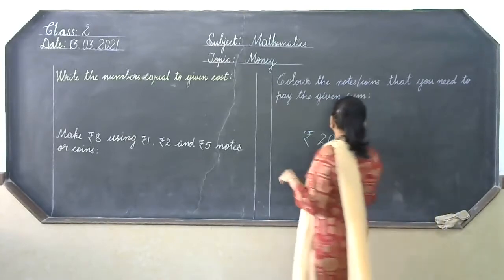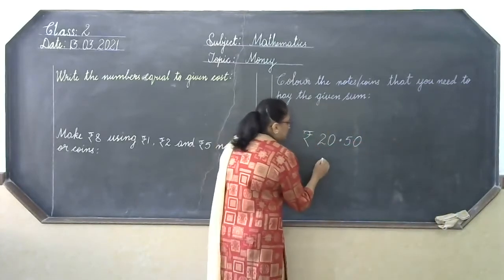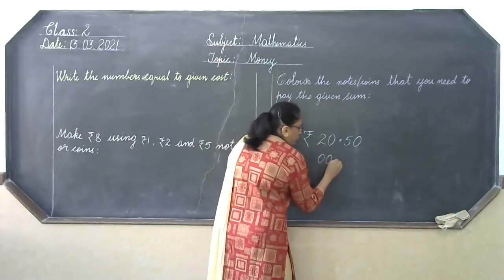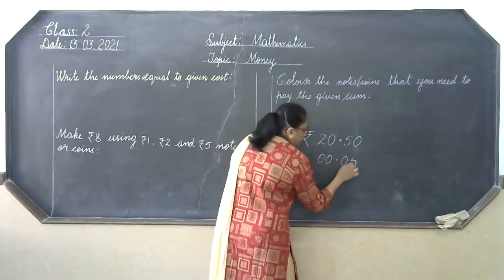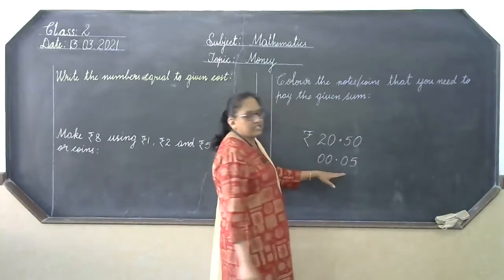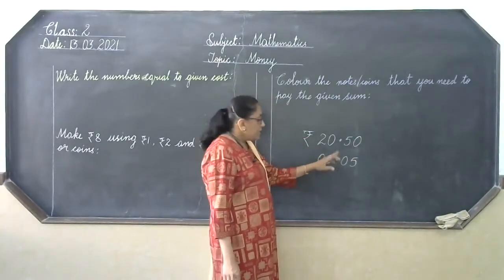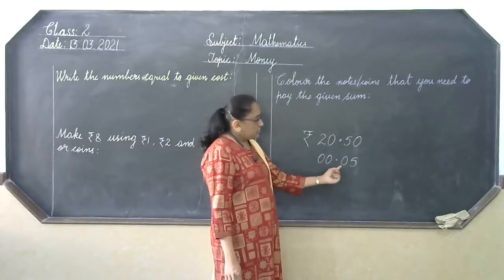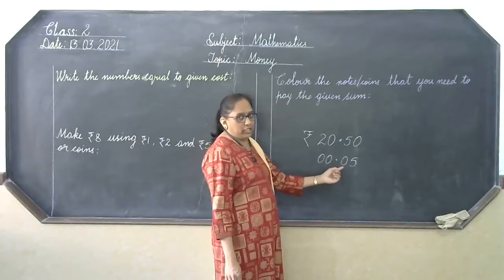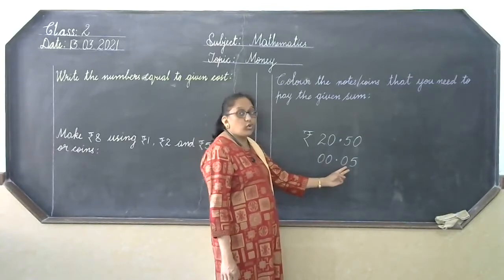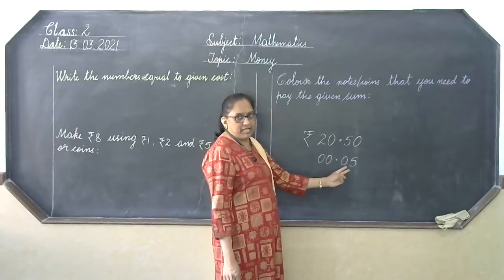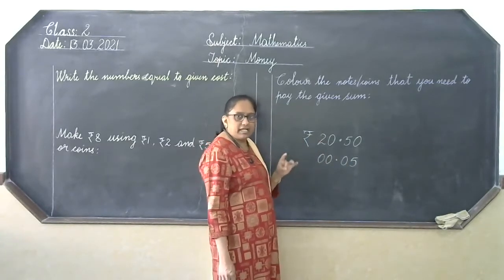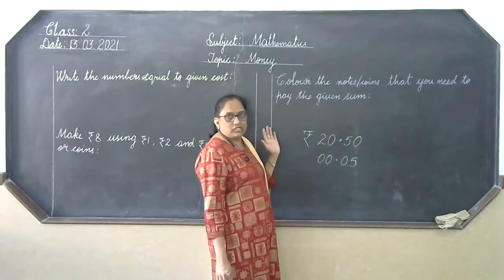For example, if you want to write 5 paise, there are no rupees, so you write 0.05. If you write like this, it is considered 5 paise. Even if you have 1 digit of paise, a 0 should be added after the dot. So always you have 2 digits in the paise place, but in the rupees place you can have 1 digit, 2 digit, 3 digit, and so on.